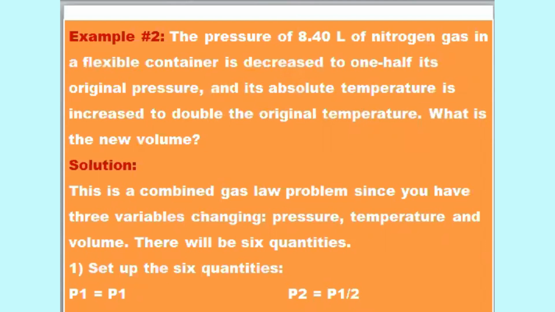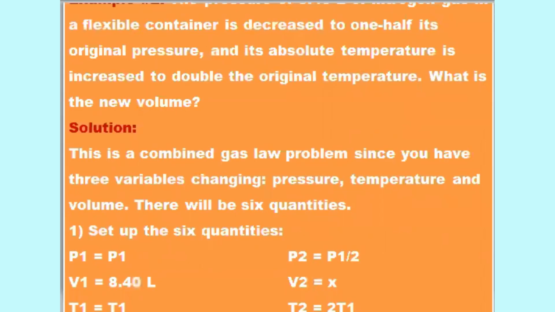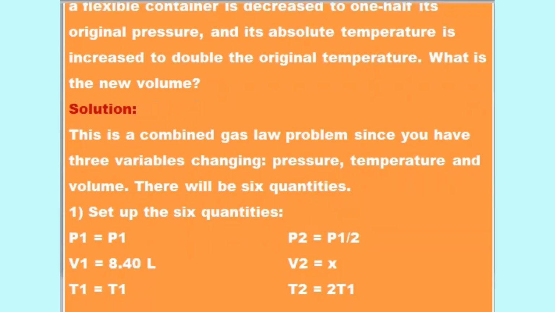Solution: this is a combined gas law problem since you have 3 variables changing: pressure, temperature, and volume. There will be 6 quantities: P1, V1, T1, P2, V2, and T2.